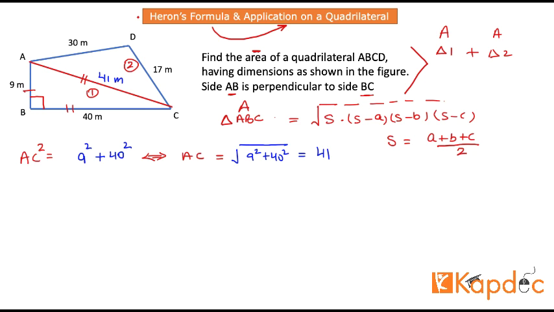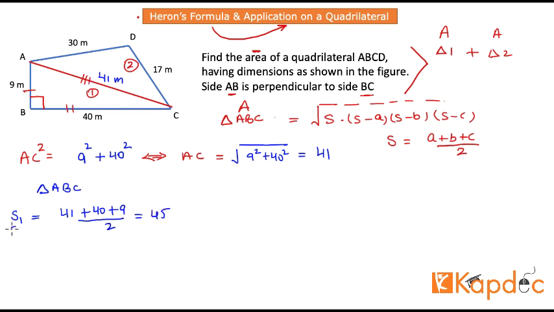Now let's take a look at the area of each triangle. When I look at my triangle ABC, first I need to calculate S1, which is just a terminology for half of the perimeter of this triangle ABC. It will be 41, which is this side, plus 40 plus 9, divided by 2, and when you solve this, you obtain 45.